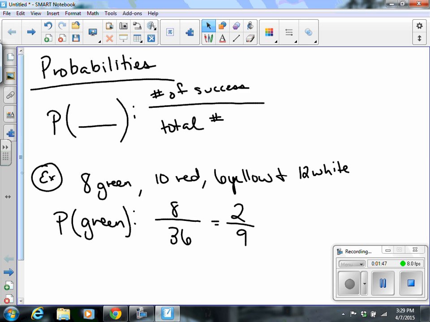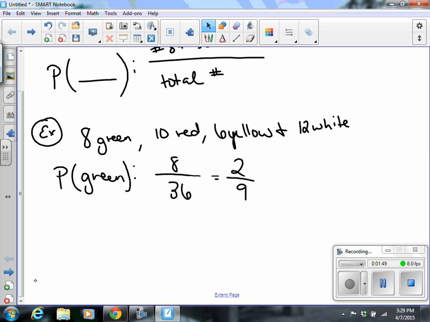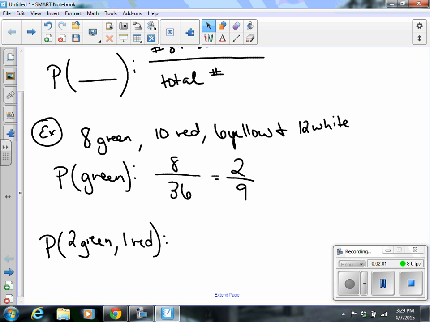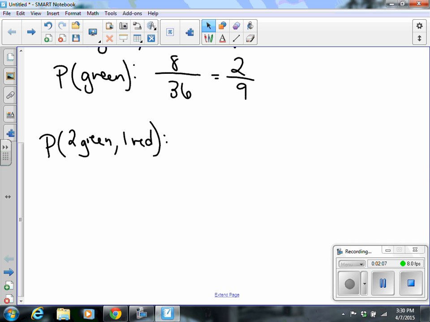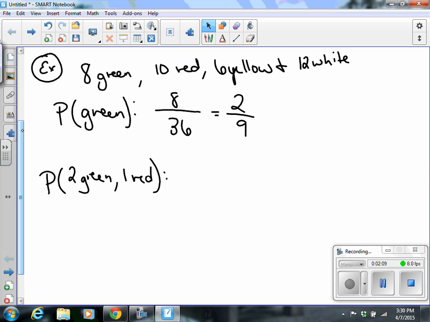Actually, let's go back. Now let's look at something a little bit different. Let's say that I want the probability of selecting 2 green and 1 red. Looking at this, I'm using some combinations in order to figure out my selection.